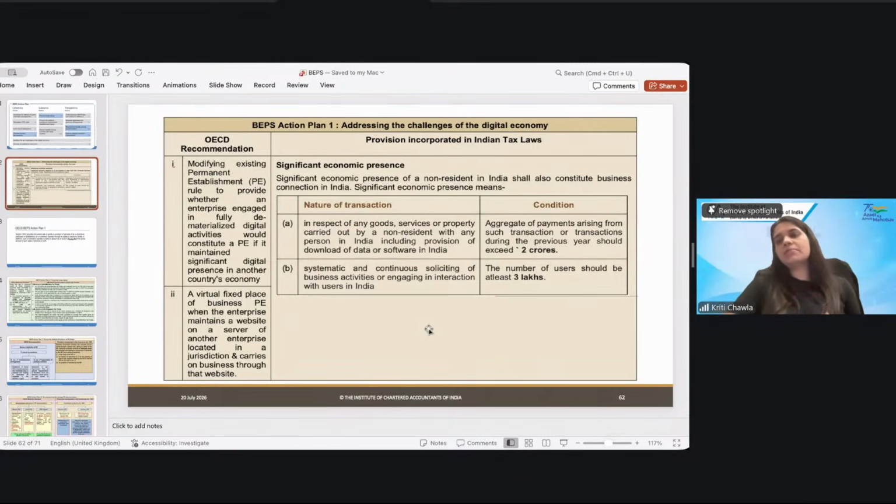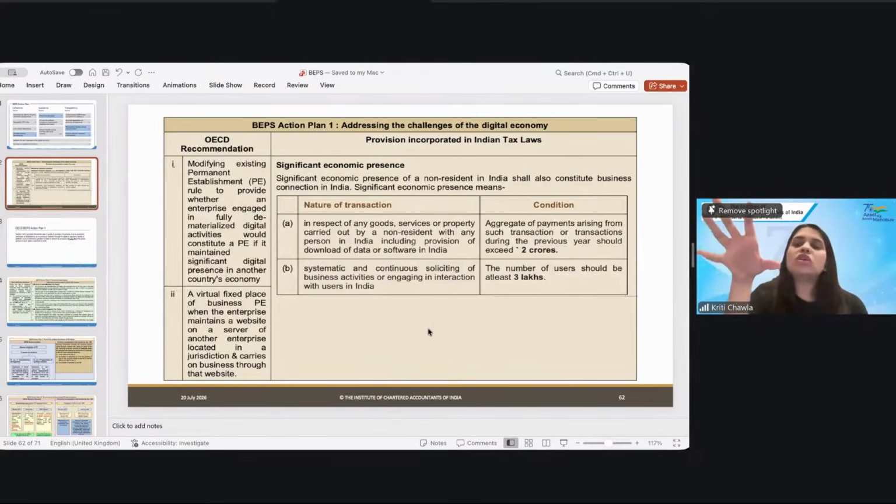Okay, so this is, as I mentioned, OECD BEPS Action Plan 1, which is on addressing the tax challenges of the digital economy. Now, what they were actually trying to do is they saw that the digital economy was expanding. And when they looked at the international tax rules, they were not competent enough to tax the traditional economy.